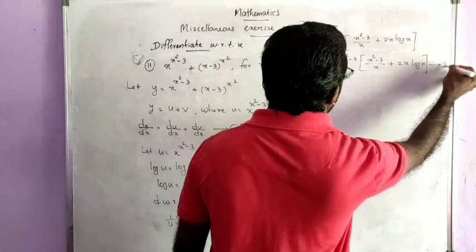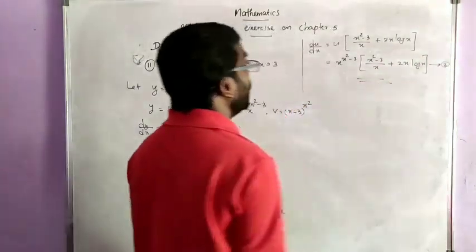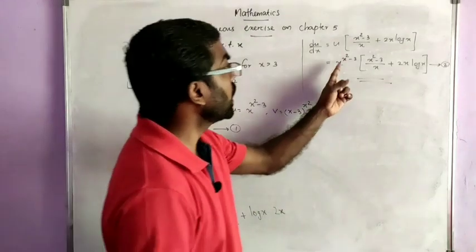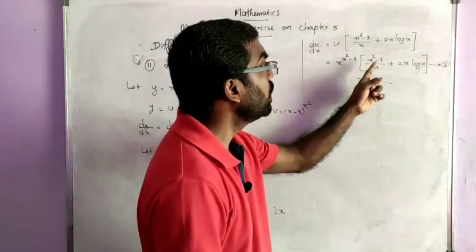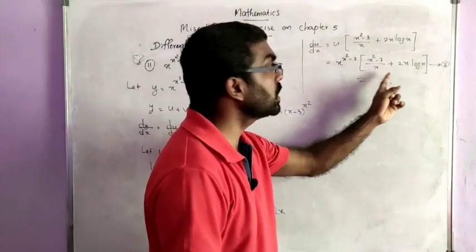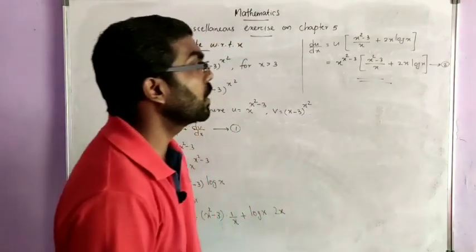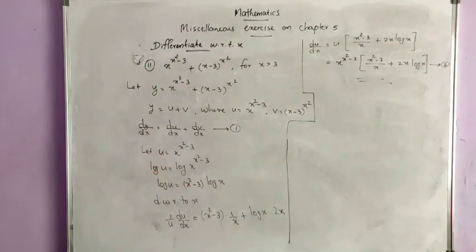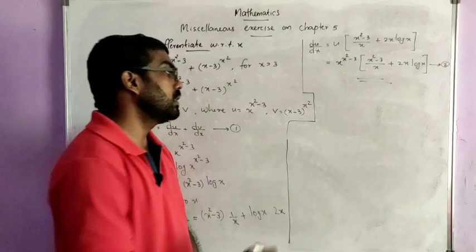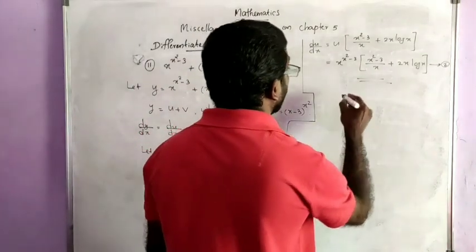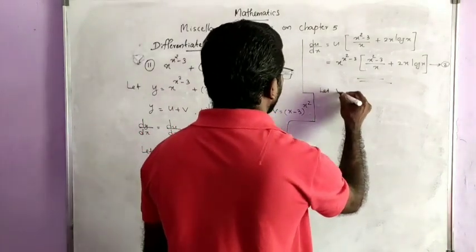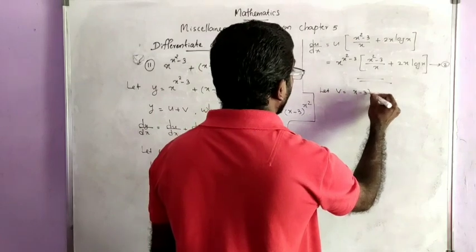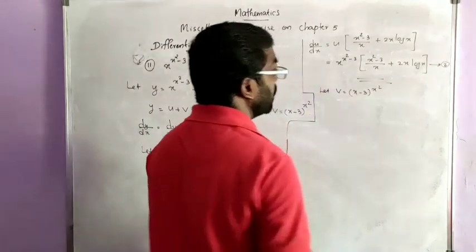Take it as equation number 2. So du by dx is equal to x raised to x square minus 3 into x square minus 3 divided by x, then plus 2x into log x. Okay. Now we can take the second term, that is v. So let v is equal to x minus 3 the whole raised to x square.